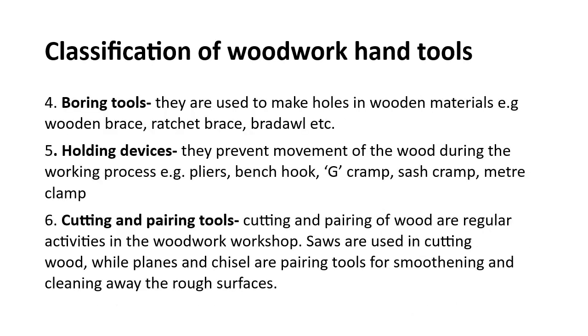The next classification of woodwork hand tools, which is number 4, is the boring tools. The boring tools are used to make holes in wooden materials. Examples of the boring tools include wooden brace, ratchet brace, and bradawl.